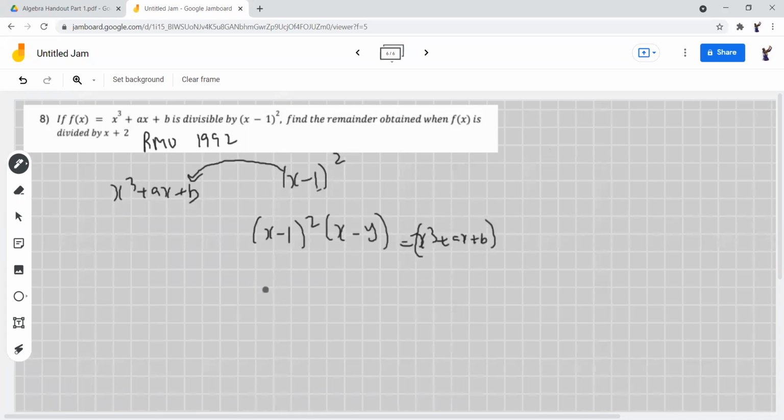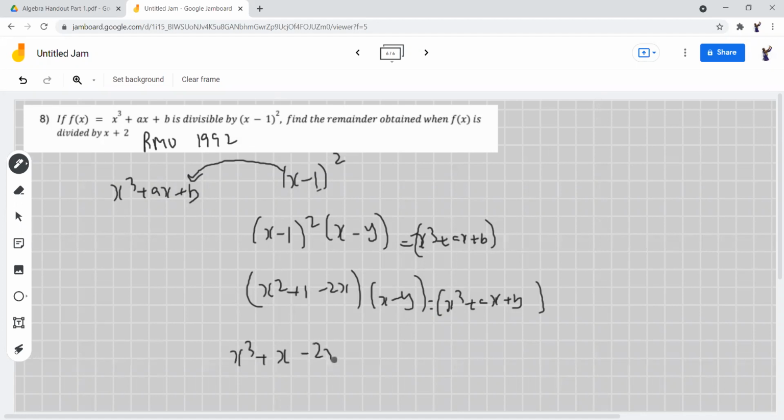So I can write it as x square plus 1 minus 2x into x minus y equals x cube plus ax plus b. So now observe one thing. I'm just simplifying this. What I get here: x cube plus x minus 2x square minus yx square minus y plus 2xy equals x cube plus ax plus b.